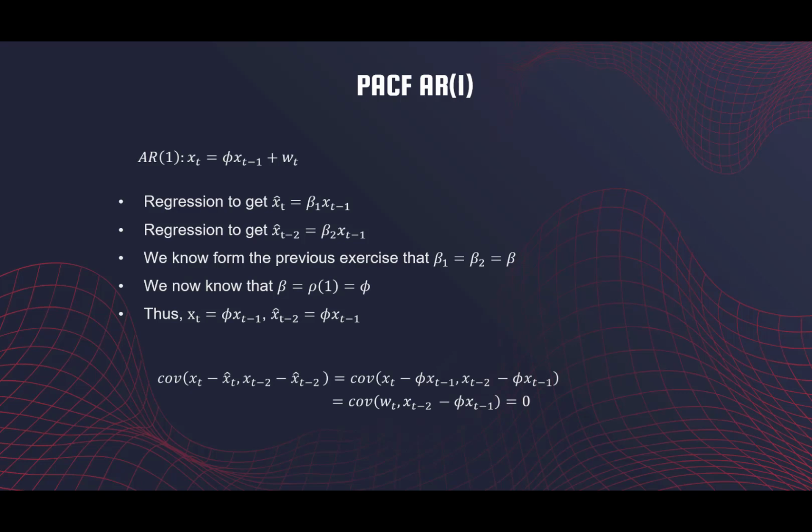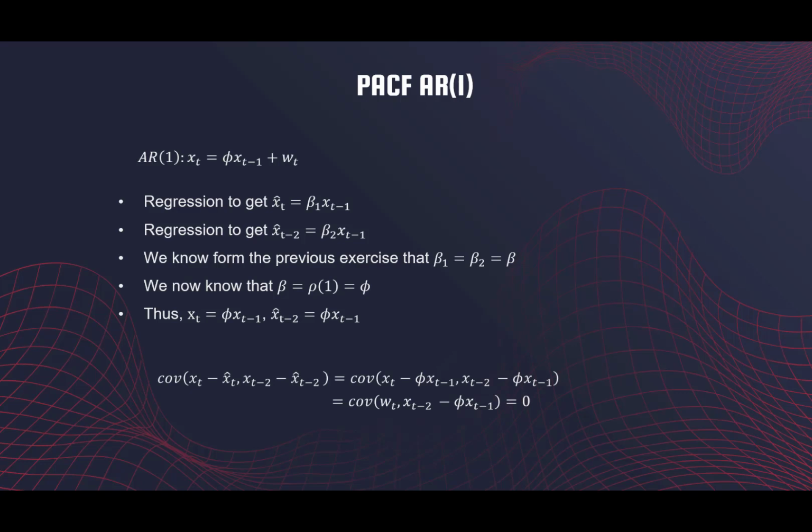So now if I look at the covariance between these two, why? Correlation is just covariance divided by the standard deviation, so I'm looking at the covariance first. I'm plugging in the values of x hat_t and x hat_{t-2}, and we get this, right? So x_t minus phi x_{t-1} is w_t.